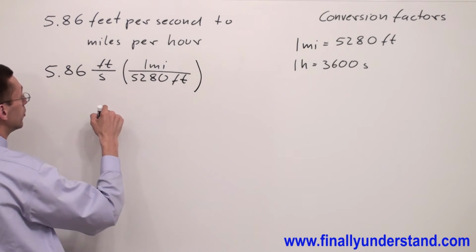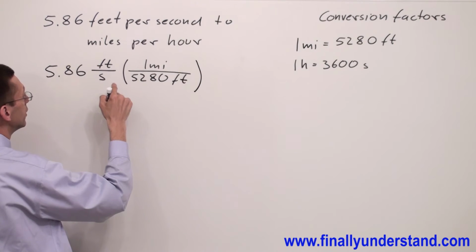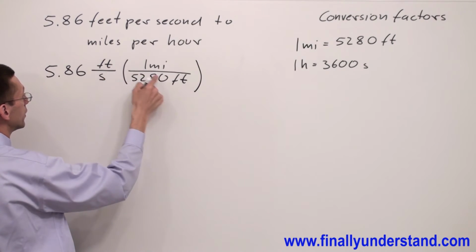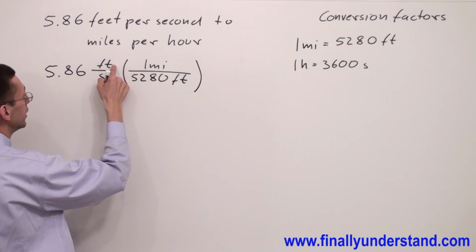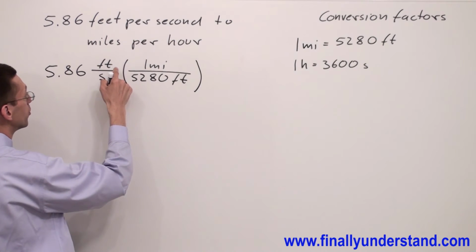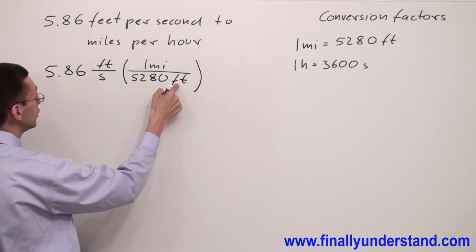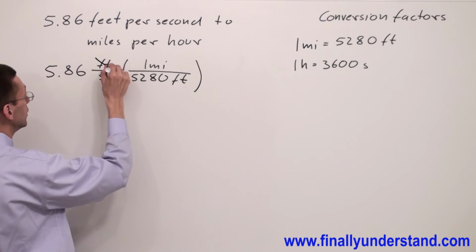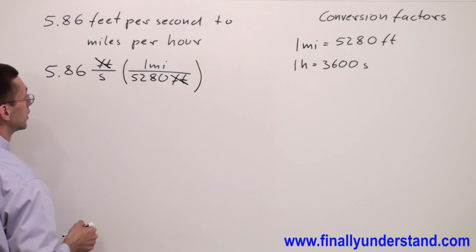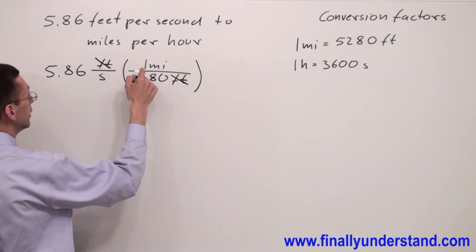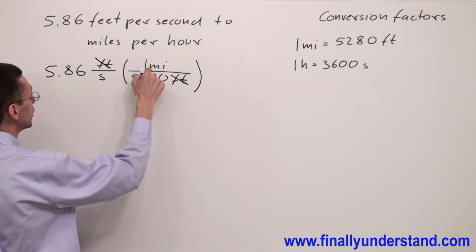Again, why? Because I want to eliminate foot. In order to eliminate foot from here, you're supposed to multiply by the conversion factor, which has the foot in the denominator. So this foot and this foot will cancel out. And my unit of distance right now is mile.